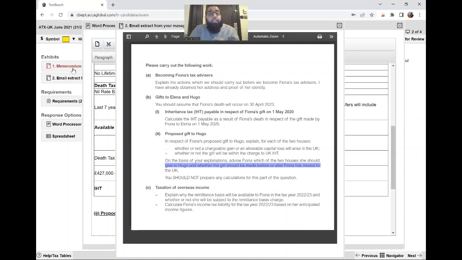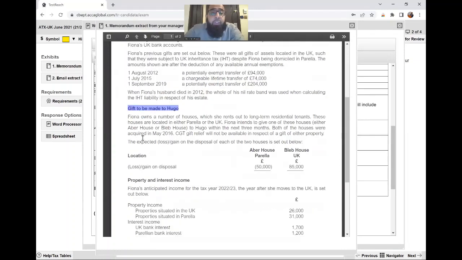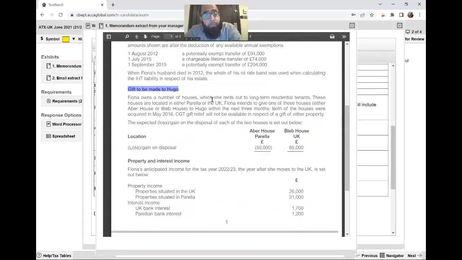Let's read what this gift to Hugo is. Fiona owns a number of houses which she rents out to long-term residential tenants. These houses are located either in Kerala or the UK. Fiona intends to give one of these houses, either Aber House or Blab House, to Hugo within the next 3 months.